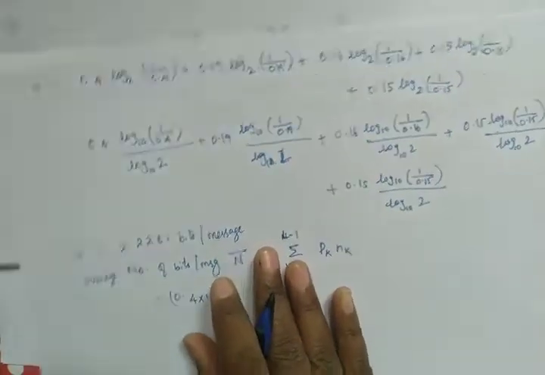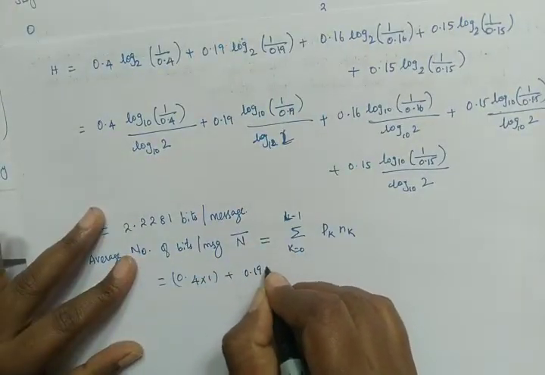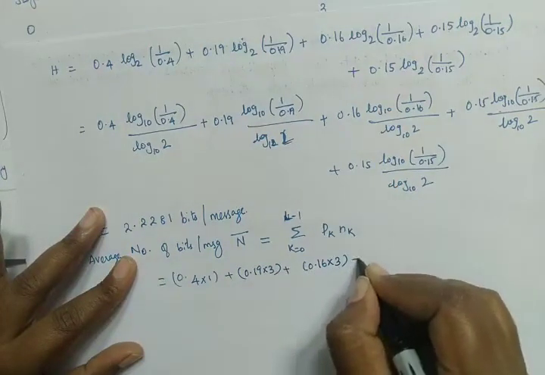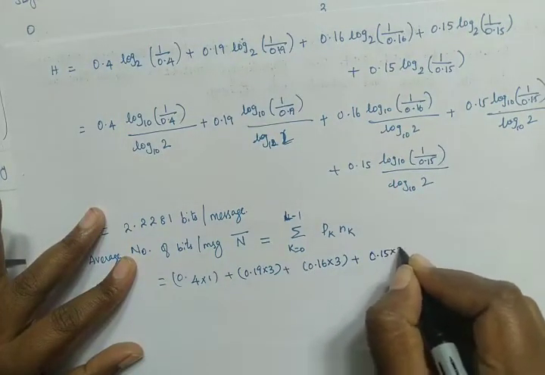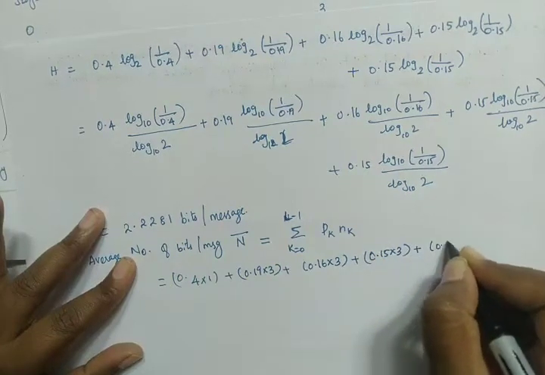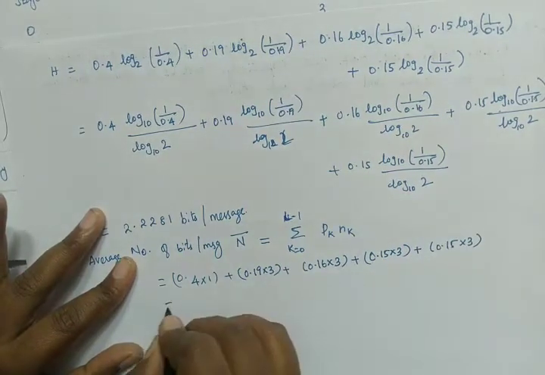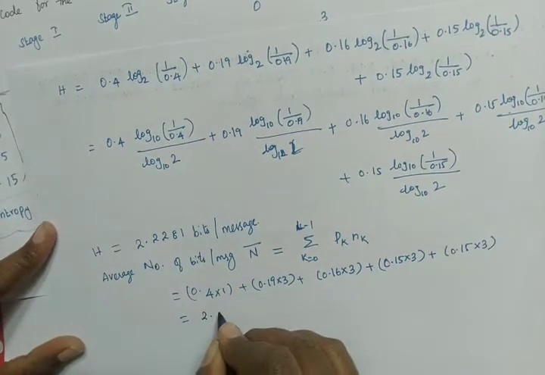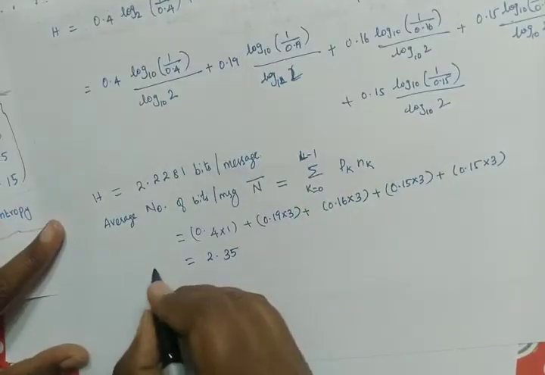Therefore, calculating, we will have 2.35. So this is our n bar.